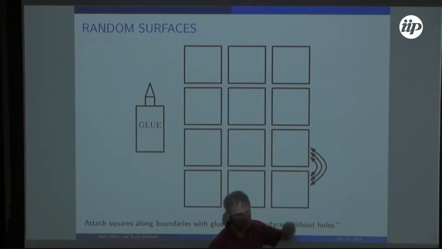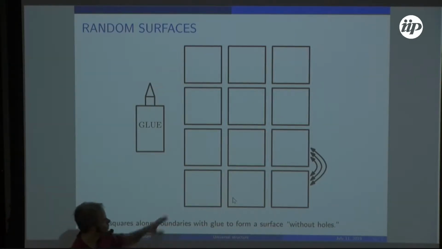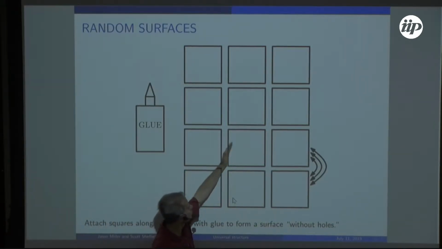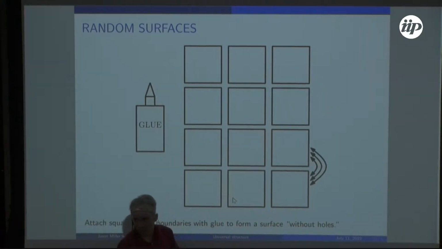I have 12 squares, 4 edges per square, which means 48 edges. So there's some finite number of ways to assign every edge one partner. Then I glue the partners in an orientation-preserving way, and I get an orientable, closed surface. After I glue, there will be 24 gluings, and I have made myself a surface.